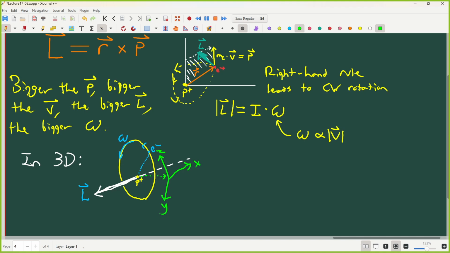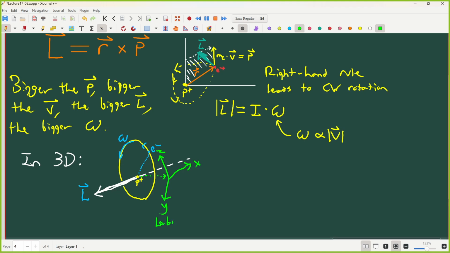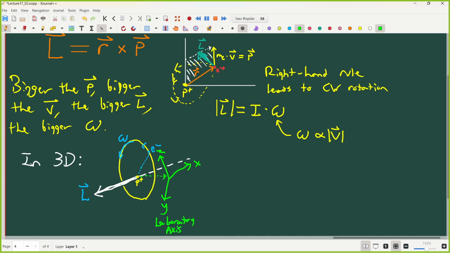We put our hydrogen atom here in front of us in our lab, and we have an up, a down, left, right, and forward and back. So these axes are laboratory axes, but the angular momentum might be pointing in any direction. So I'm not really sure exactly which way it's pointing.